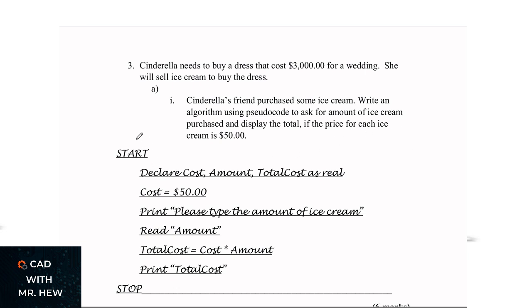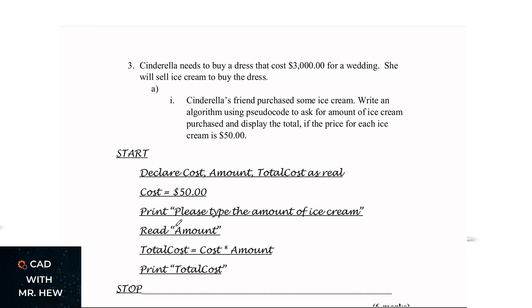So here's the algorithm. Start, declare cost, amount, total cost as real. The cost is equal to $50. Then I'm going to print, open quotation, please type the amount of ice cream, that is units of ice cream to be purchased, close quotation.